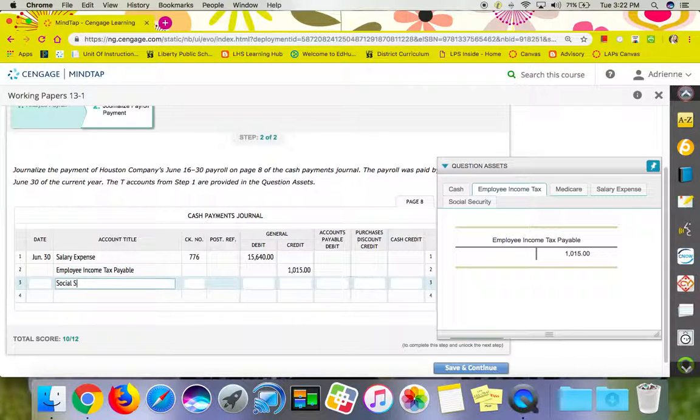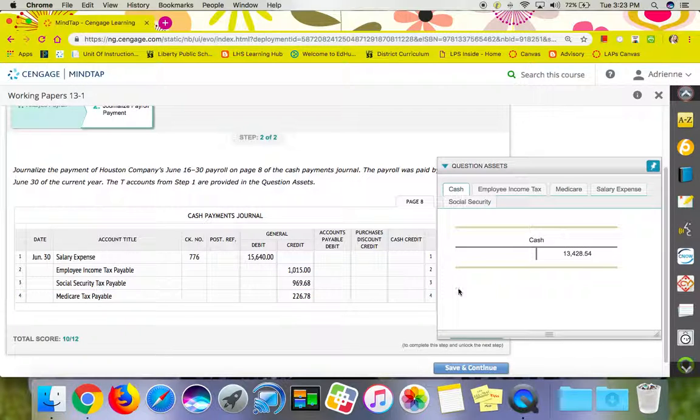Then we have Social Security tax payable. And that is a credit of 969.68. And then we have Medicare, $226.78.